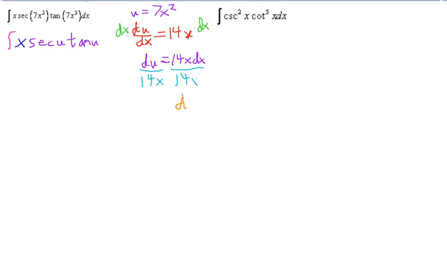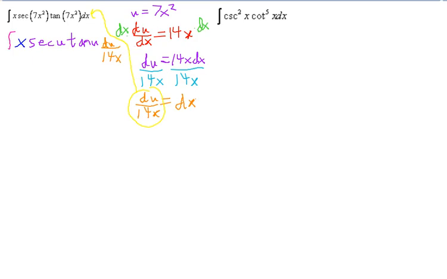So dx would equal du divided by 14x. And again, we can substitute that in to replace our dx right there, to get it all in terms of u. So we have du over 14x.